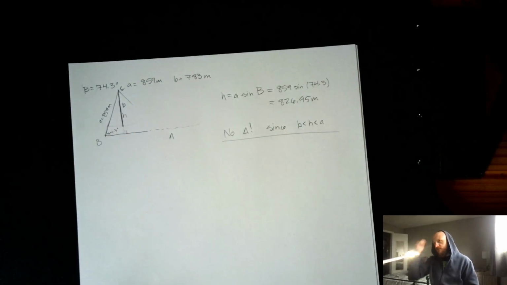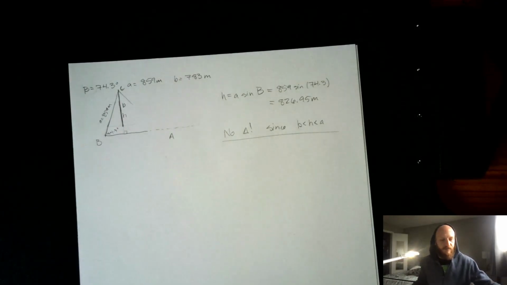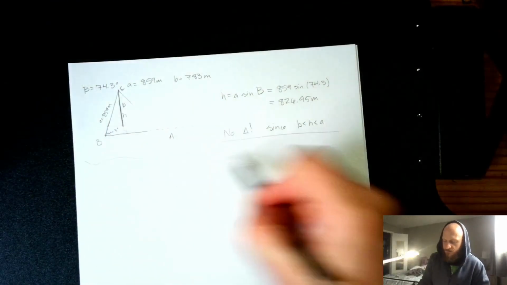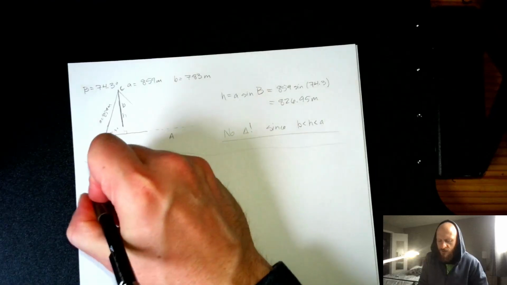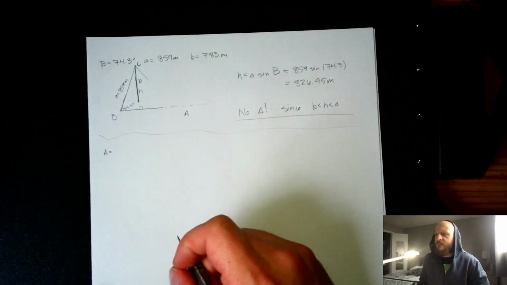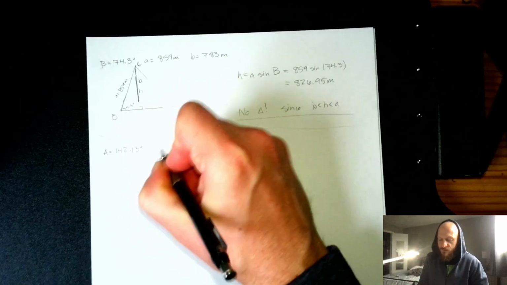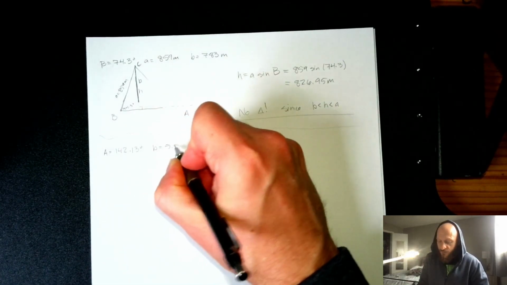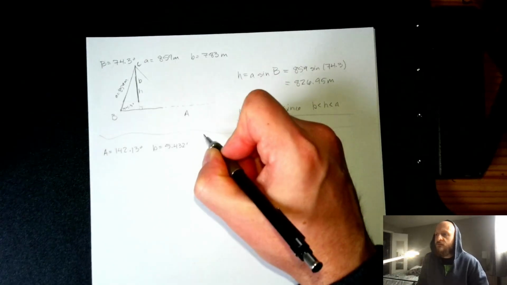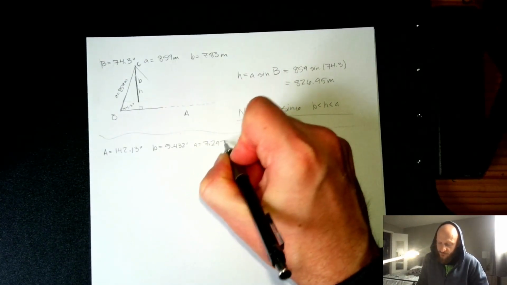Cool. So ambiguous case, we've seen the ambiguous case that results in two triangles. We've seen the ambiguous case that results in one triangle. Let's see if we can get one that results in no triangles. Maybe we can get one that results in just one triangle. So what's next? A is 142.13 degrees, angle A. Side B is 5.432 feet. Side A is 7.297 feet.